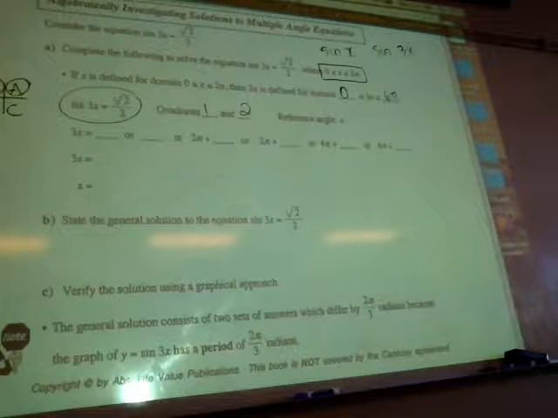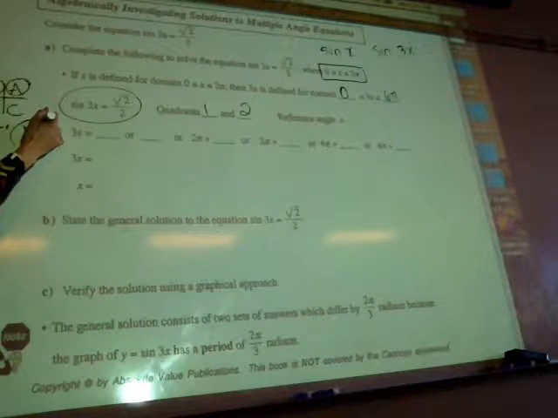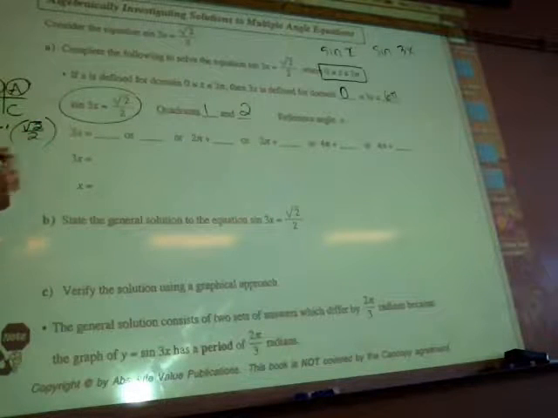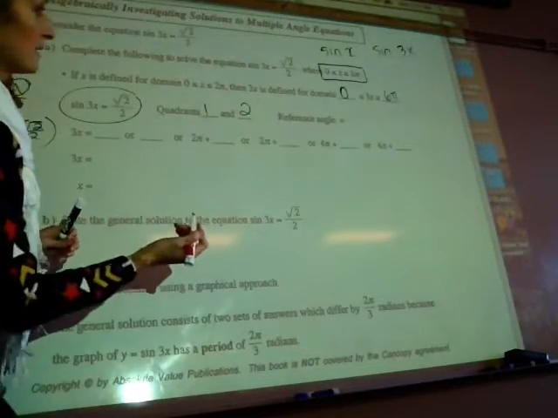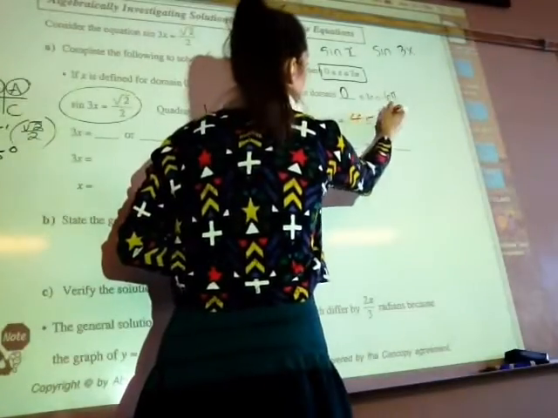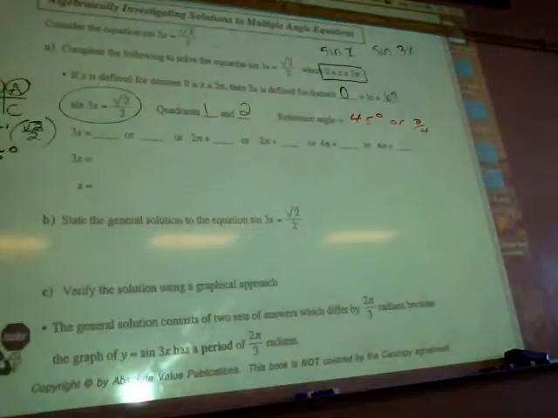Or you could do second sine, don't worry about the 3x, just do second sine of root 2 over 2, and you'll get x equals 45 degrees, or pi over 4 if we're talking about radians. So in quadrant 1, with a reference angle of 45 degrees, our solution is 45 degrees, or pi over 4, our reference angle.